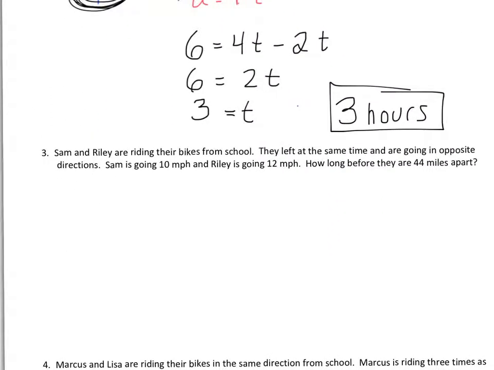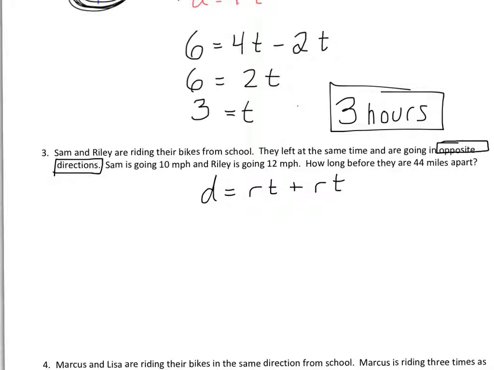All right, Sam and Riley are riding their bikes from school. Good for them. So they left at the same time and are going in opposite directions. So right there is a key word for us, opposite directions. So I know right away, distance is going to be a rate times time plus another rate times a time.